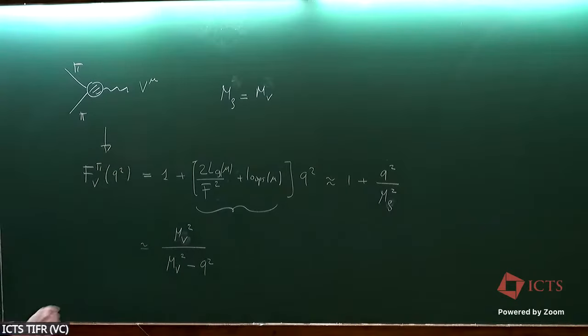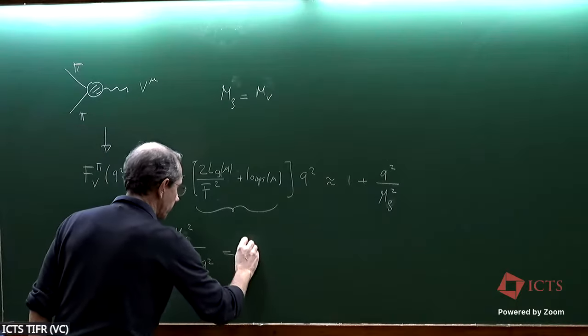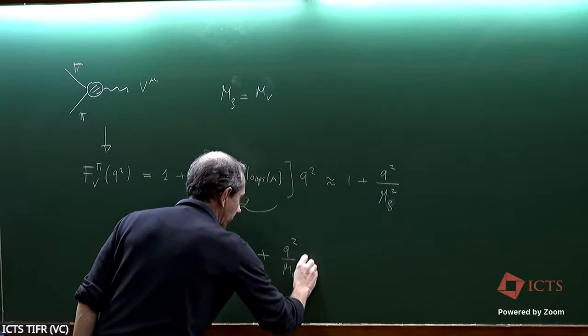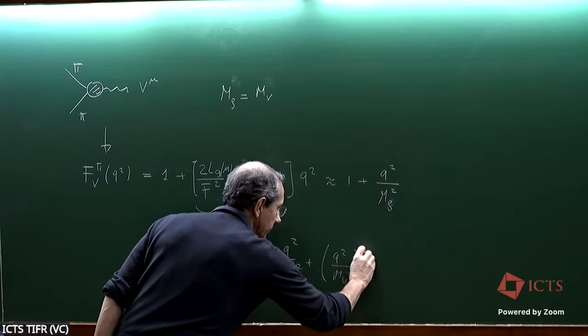Actually, the form factor turned out to have this type of form, to a very good approximation, what people call vector meson dominance, which, if you expand it, becomes 1 plus Q square over MV square plus Q square over MV square, and so on.